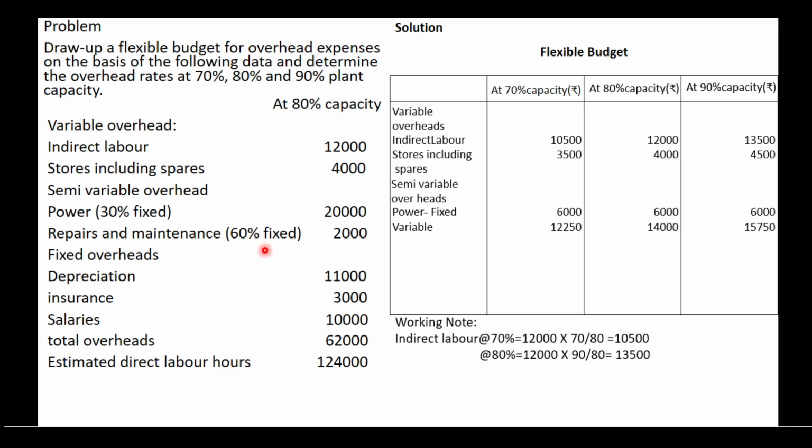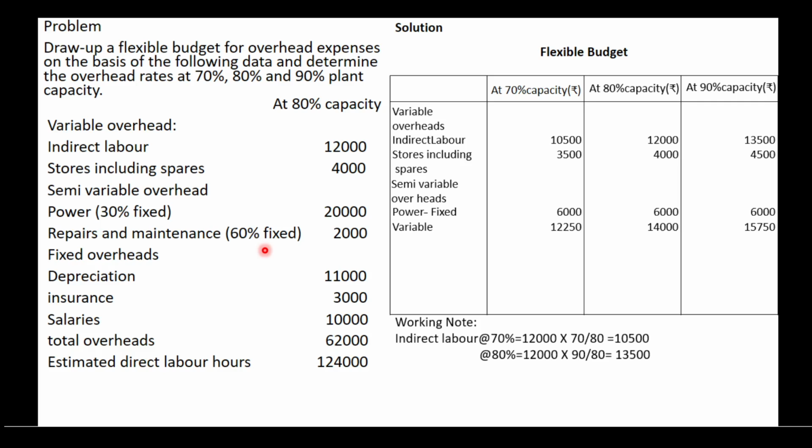So 60% fixed, and the remaining 40% is variable. And the variable, the 2,000 into 40 divided by 100 at 80% capacity, that is 800 rupees. On the basis of this amount, we find out the 70% and the 90%.